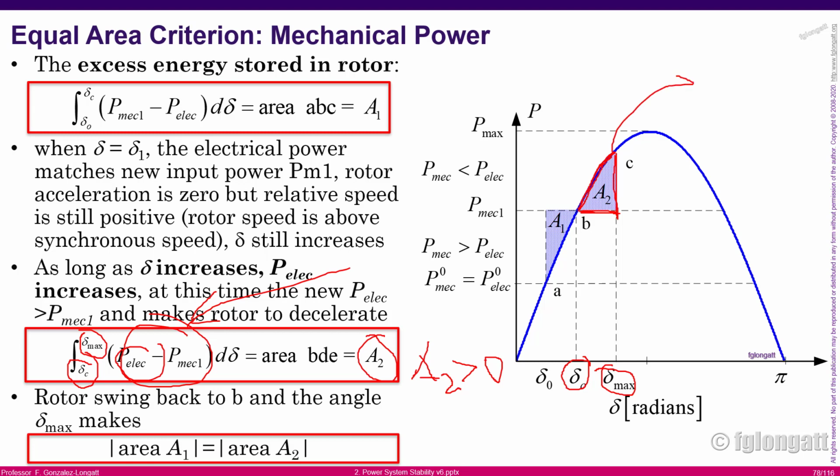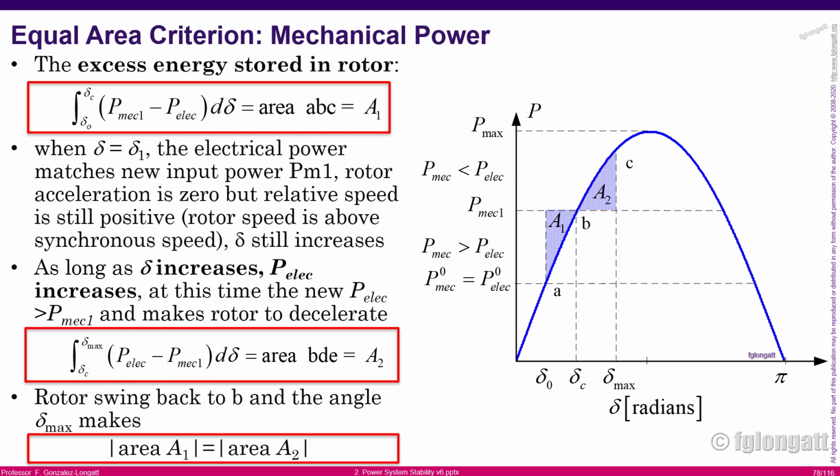What I'm trying to say is, if you use electrical minus mechanical, the area A2 will be positive as we expected, okay? However, if you don't feel comfortable doing that, you can do it the other way, but you must understand that the area 2 will be negative, and then the equal area criteria require absolute values over here, okay?